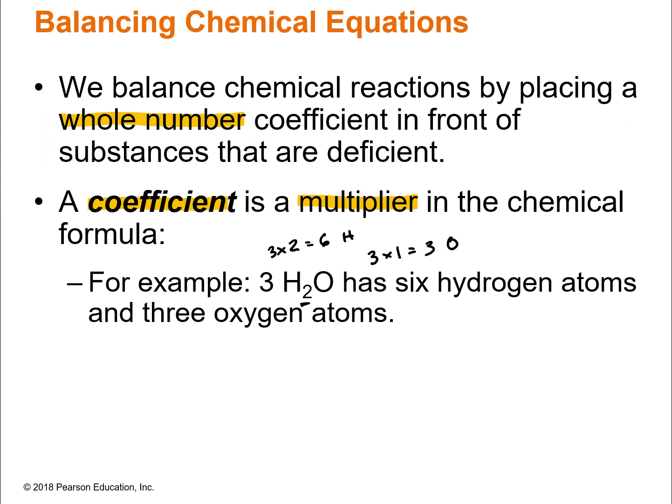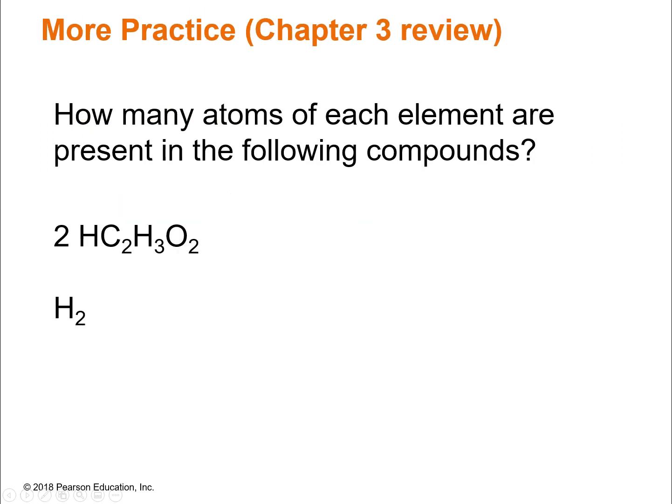Remember, if there's no subscript, that means it's 1. So let's do a quick review of that. How many atoms of each element are present in the following compounds? Take a second, try it out, then rejoin me.